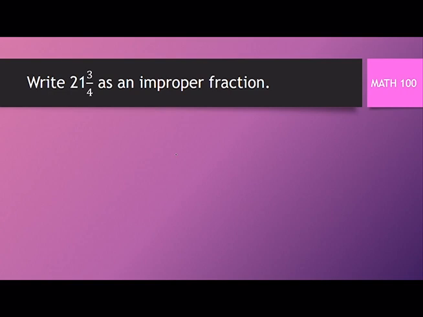Now, writing your mixed number as an improper fraction is done like this. We do times and then plus. So times and then plus. So 4 times 21, that will be equal to 84, plus 3, and then you copy your denominator, which is 4.